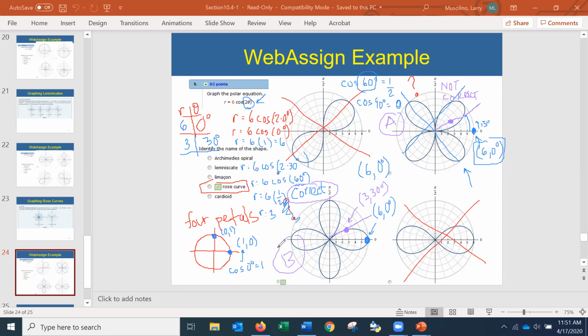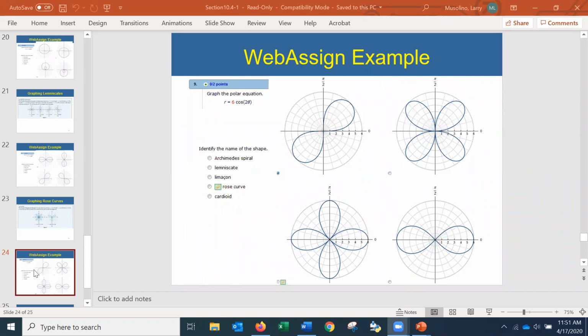What we did is we just picked 1 or 2 arbitrary values of theta, plug it into the equation, solve for r, and then go plot the corresponding r theta point on the polar graph. And that should let you eliminate the wrong choice and zero in on the correct choice. All right, everyone okay with the setup on this one?